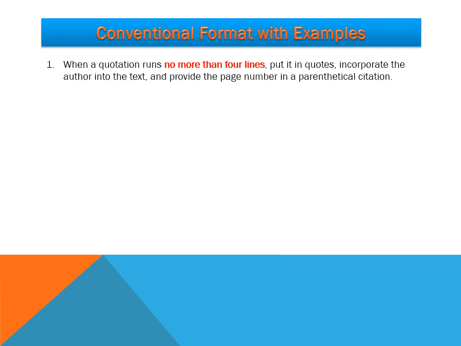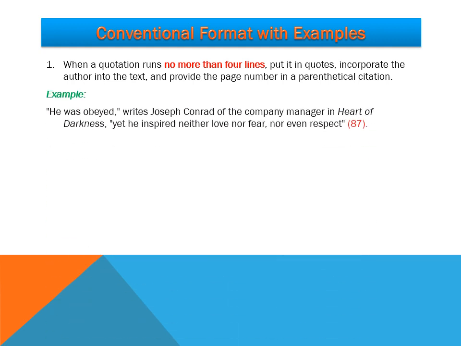As you see in the first example, I just mentioned the page between brackets because the author Joseph Conrad has already been mentioned in the text. And it's the same with a paraphrased source. In case you are paraphrasing an idea and you have already mentioned the author of this idea in the text, just put the number of the page of the source. There is no need to repeat the family name of the author in the parenthetical citation.